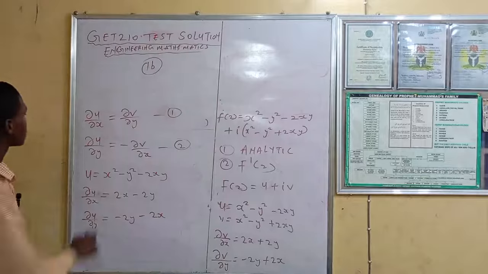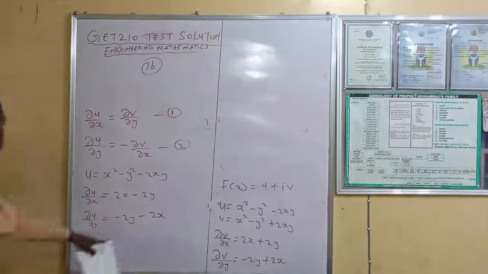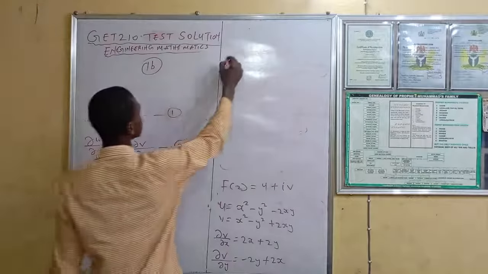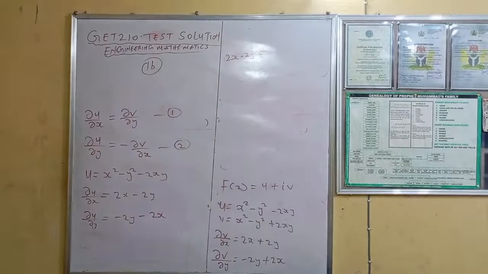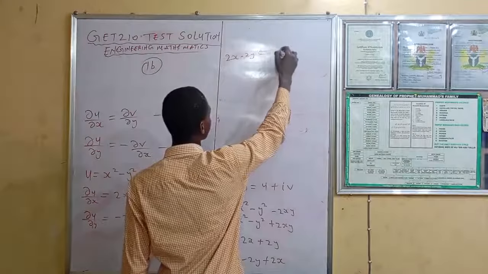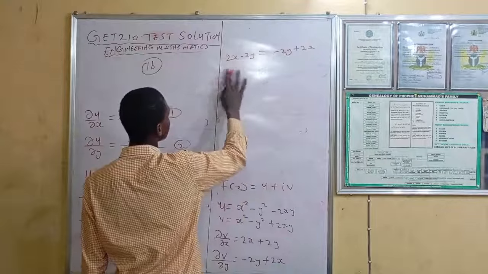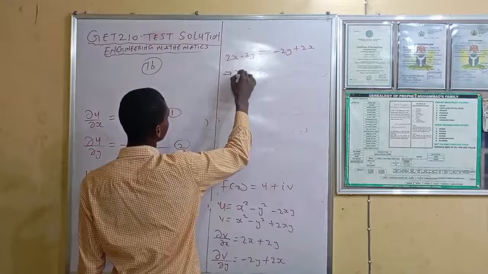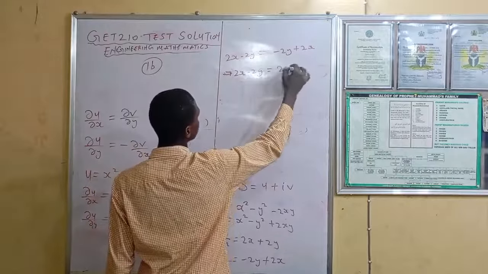Okay, let's substitute for this first condition. What's the partial du over dx from what we've solved? 2x minus 2y equals partial dv over dy. Partial dv over dy, that's minus 2y plus 2x, which implies 2x minus 2y is equal to 2x minus 2y.